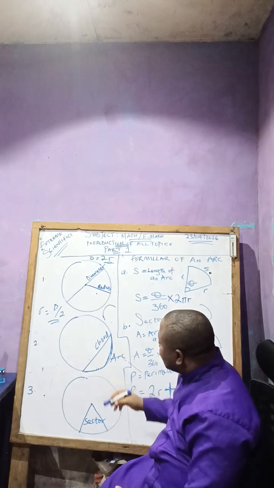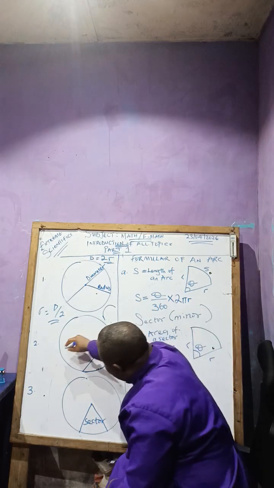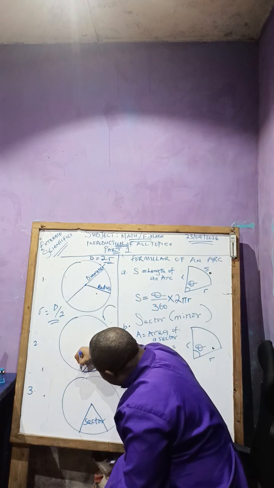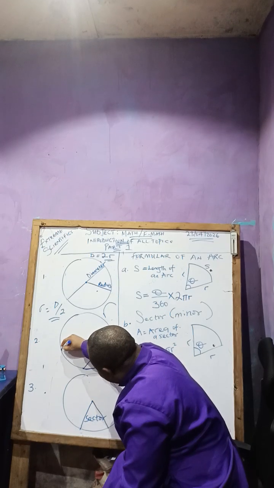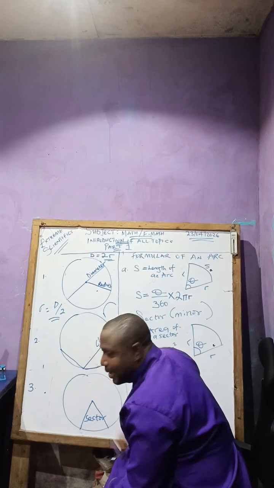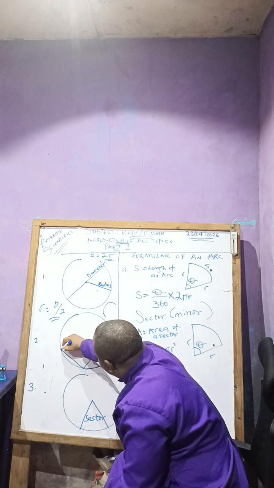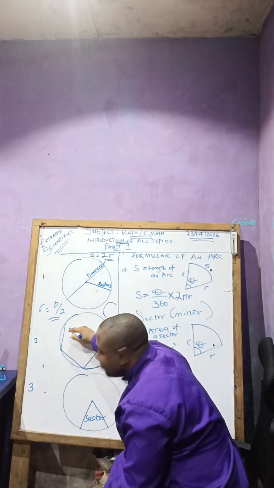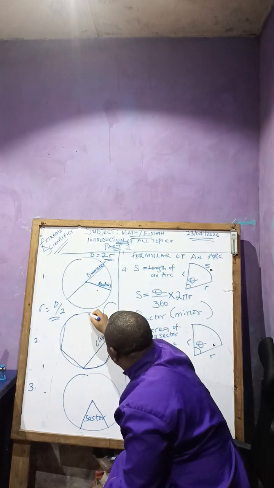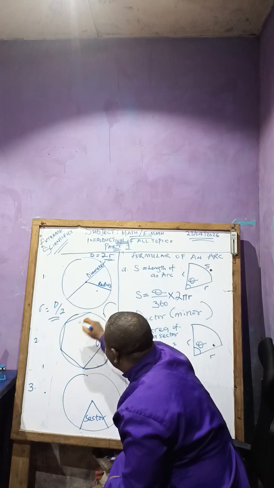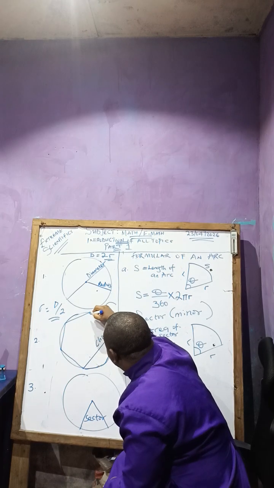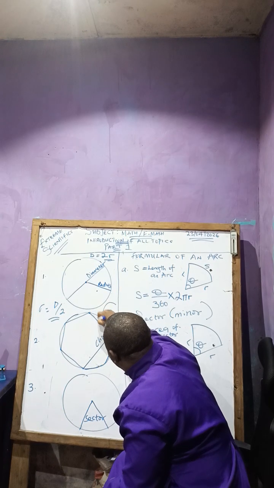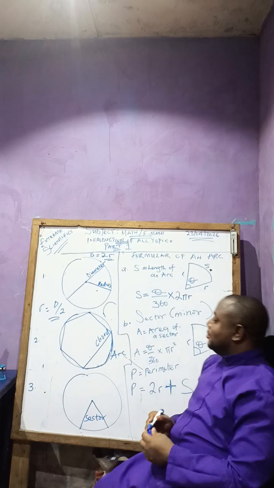And you can derive several arcs. Let me show you another one. Look at this point and this point, another arc. This point and this point, another arc. This point and this point, another arc. What have we just done?